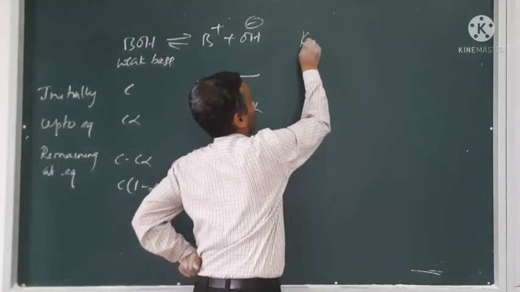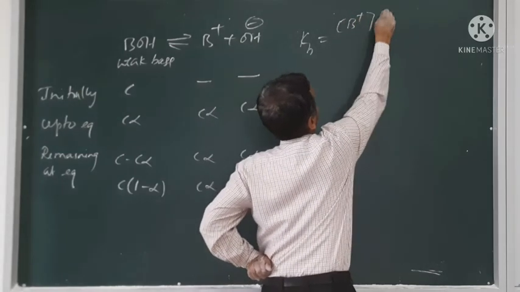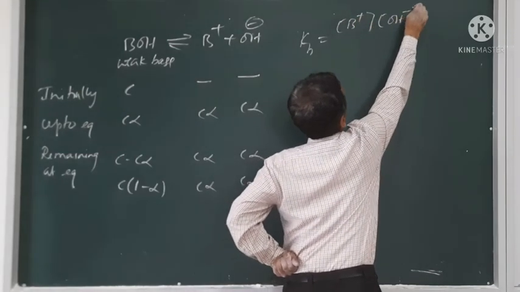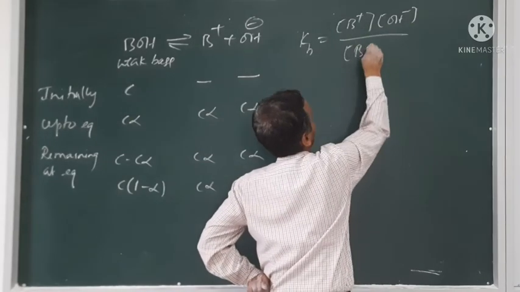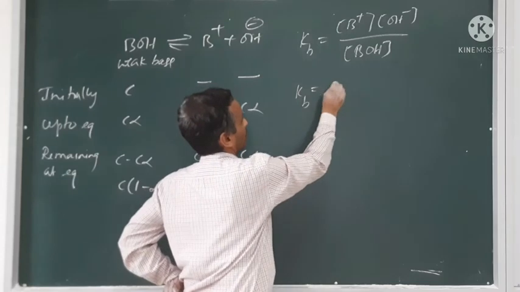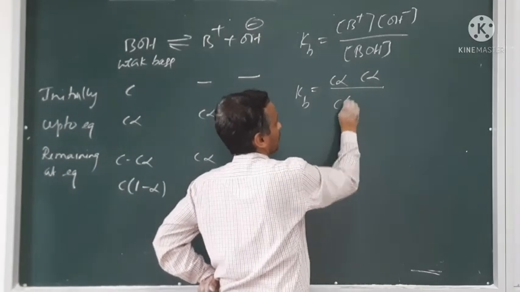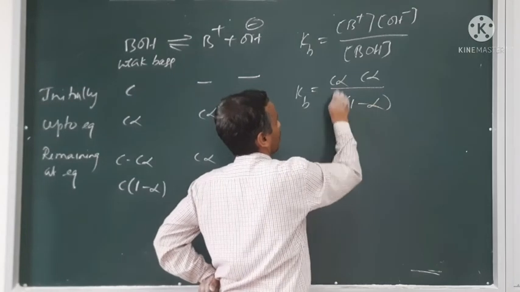Kb equation: Kb is equal to B plus concentration into OH minus concentration divided by BOH concentration. Substitute values, Kb is equal to C alpha squared divided by C into 1 minus alpha. One C can cancel.